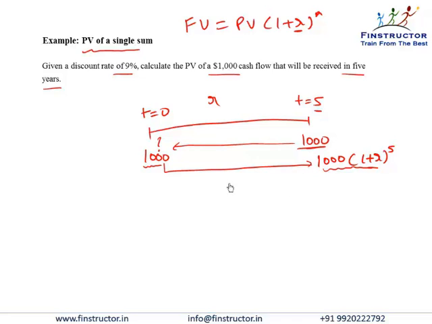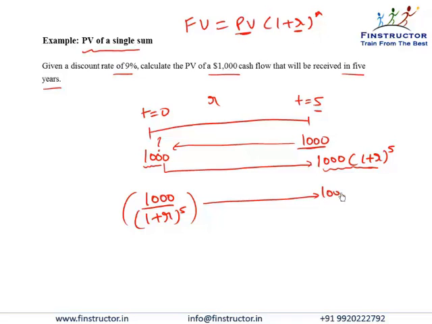Can we say that he's giving me an amount equal to 1,000 upon 1 plus r to the power 5? We'll try to apply the same argument that if somebody gives me 1,000 upon 1 plus r to the power 5 today, then how much would that money become after 5 years? At t equal to 5, it will be the amount today into 1 plus r to the power n.